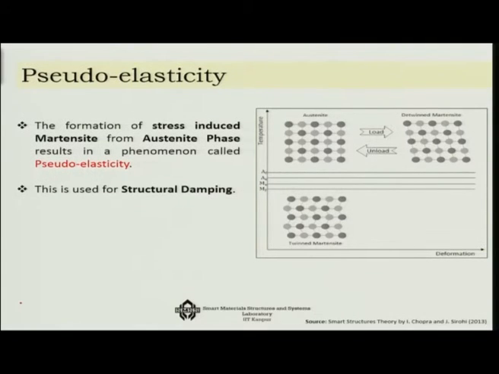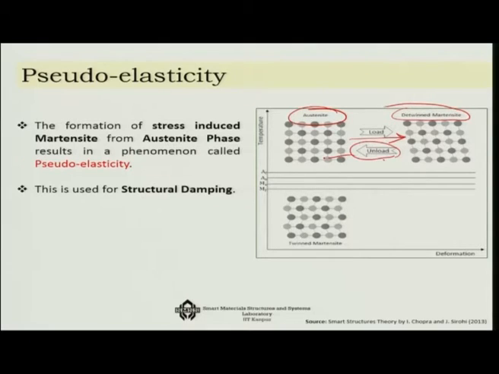Now, suppose I do not change the temperature, I keep the temperature at a high temperature level this time, not at low temperature, but at a high temperature level, and that means to begin with I am at the austenite level. Now at that level, if I load it, what is going to happen? It will straight come down to the detwined martensite phase, and then if I unload it, it will straight come back to the austenite phase.